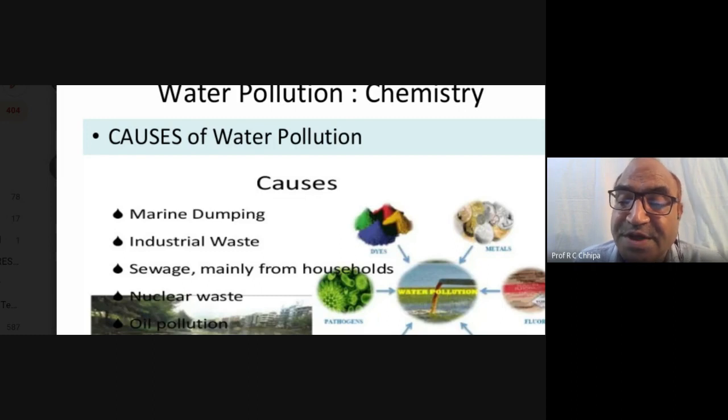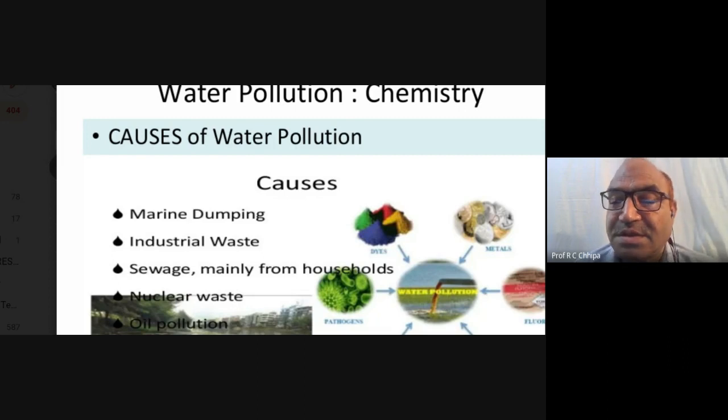In the case of Chennai, Bangalore, Madras and Mumbai, marine dumping is there. So what happens? The sea, the marine water, will be polluted.